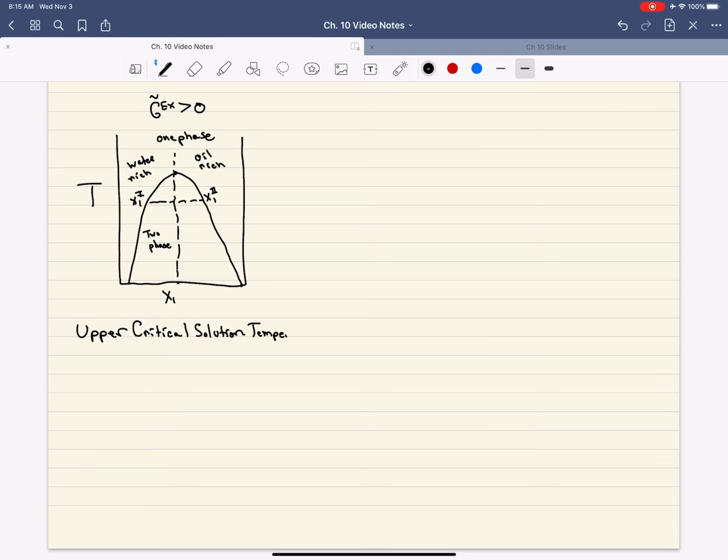Upper means if you go above some critical temperature, then your solution is always just going to be one phase. It phase separates as T decreases.